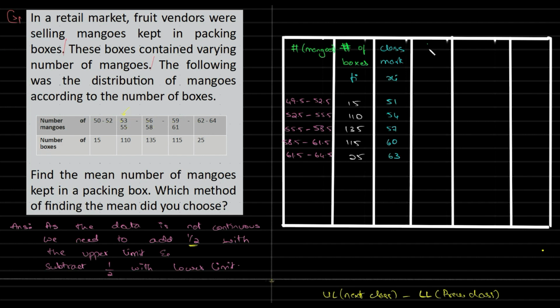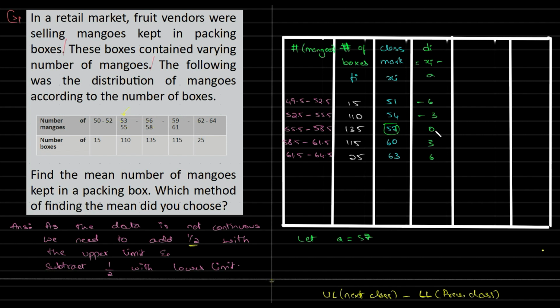Now, we have di, which is xi minus a, because it's not easy to multiply this set of numbers. So let a be equal to 57, the middle number. And so the differences happen to be minus 6, minus 3, 0, 3 and 6.